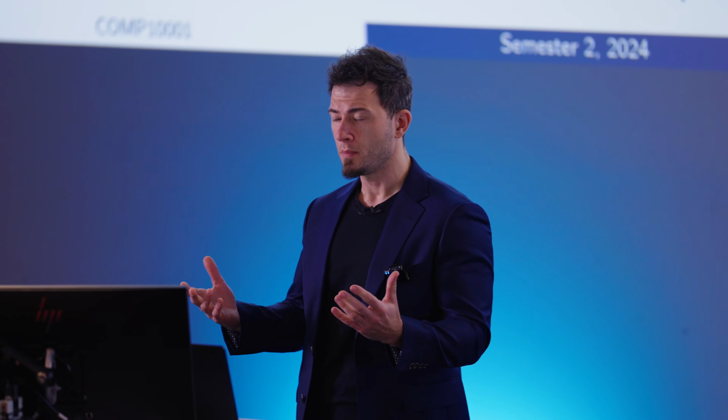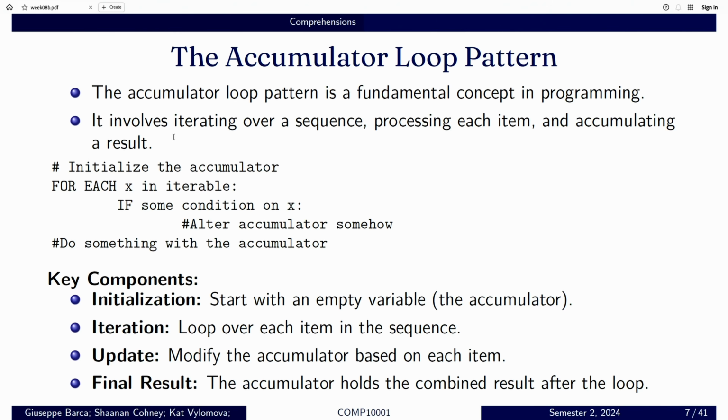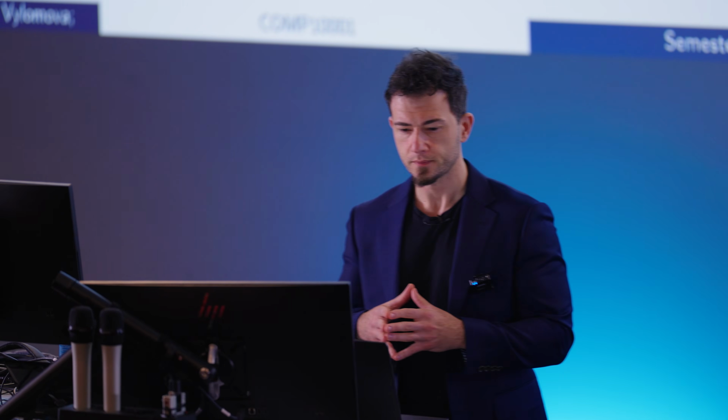This is a common pattern to process sequences of data, which in Python are usually associated with iterables. Iterables are strings, dictionaries, and all these data structures that contain collections of objects.